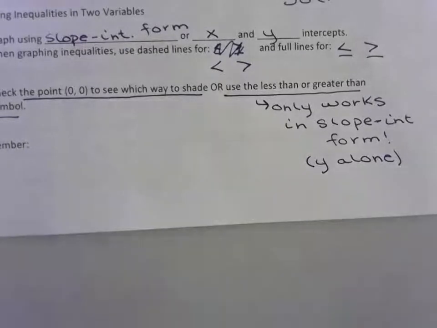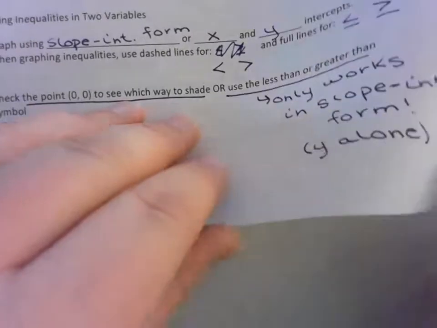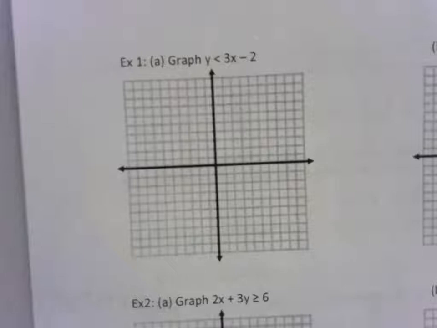Okay, so let's actually look at a couple examples and go from there. And I'm going to talk through them with you. Okay. Let's look at example 1. I want to graph. If I look at this, I notice this is not an equation. This is an inequality because I see the less than symbol. y is less than 3x minus 2.